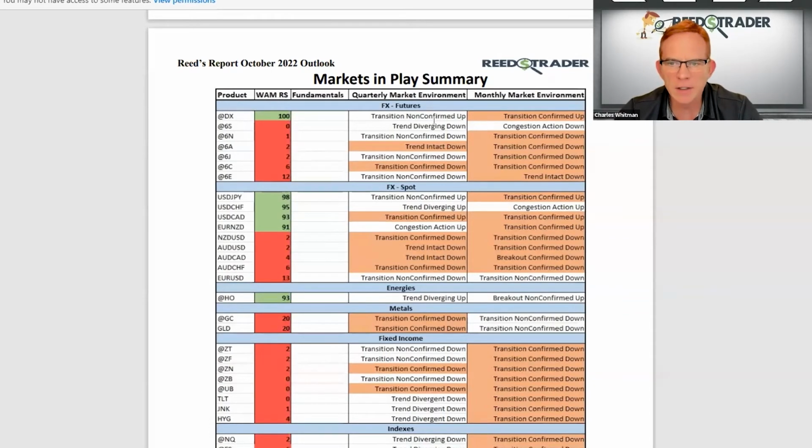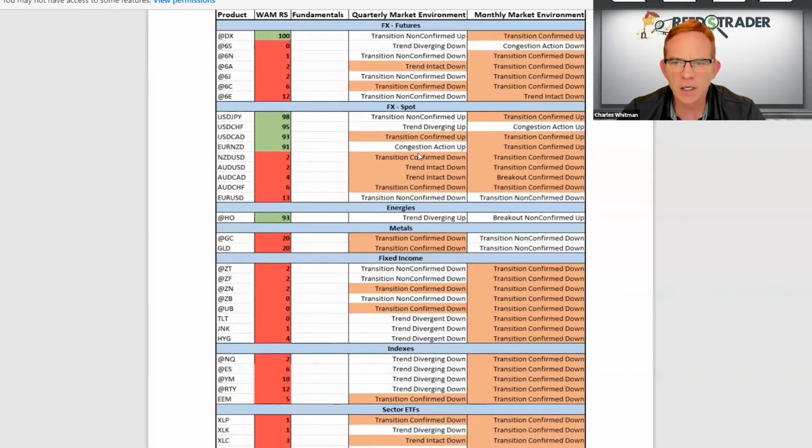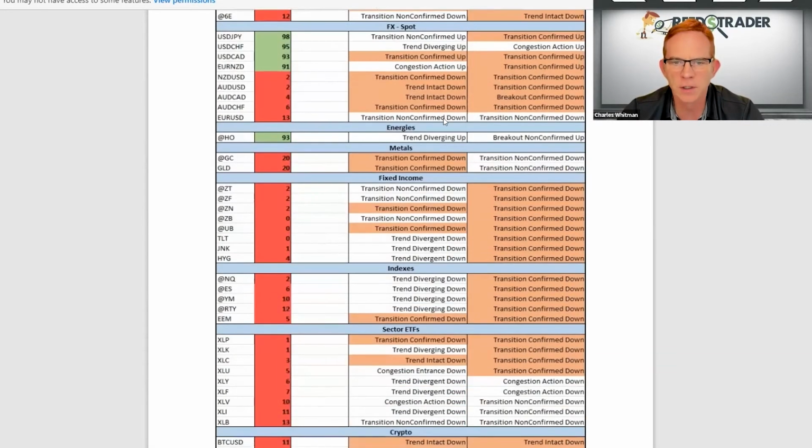You see a blend. They're all trend or transition, but only a handful of them in the currencies are actually orange. This means that we're seeing the type of behavior that often leads to reversion. Most of the currency FX spot quarterlies are in trend or transition confirmed. There's a handful that are divergent.